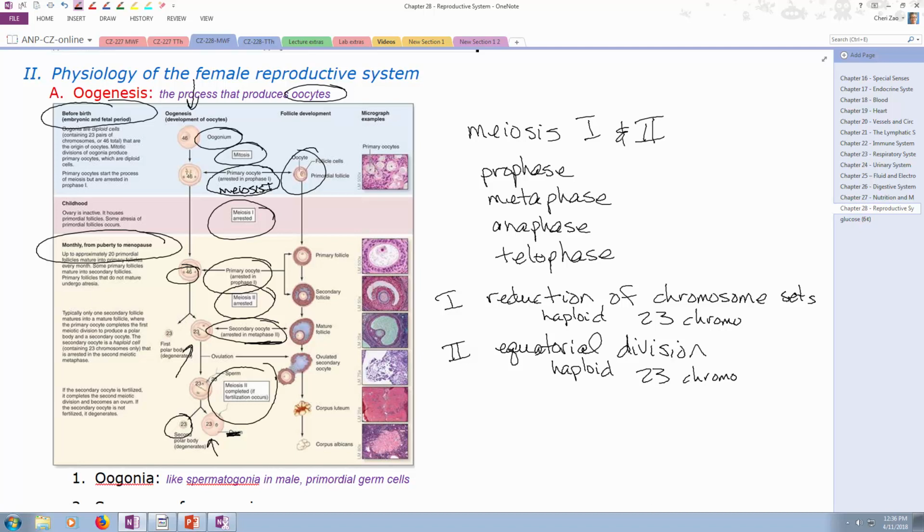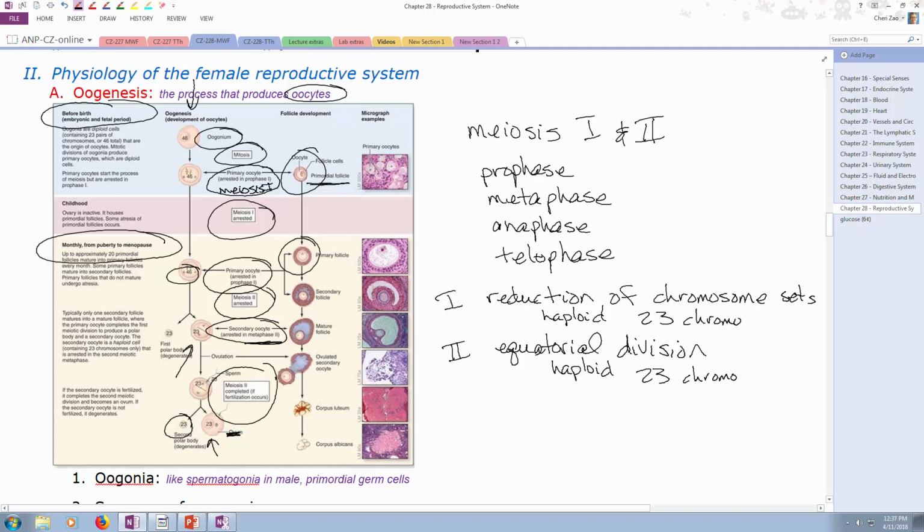If it's a primordial follicle, that means it's simple squamous epithelial cells that aren't doing much other than hanging around. Well, now that we have certain hormones telling things to happen, take a look at what happens in the ovary when we start the cycle.